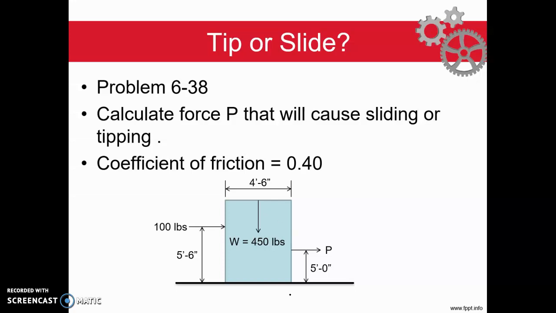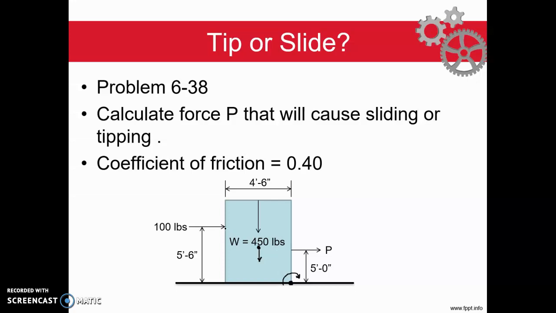If it were to tip, it would tip about this point. This would be the point of rotation about which tipping would occur. So basically, what we need to do is consider the center of gravity of this box, and its weight is acting at the center of gravity.